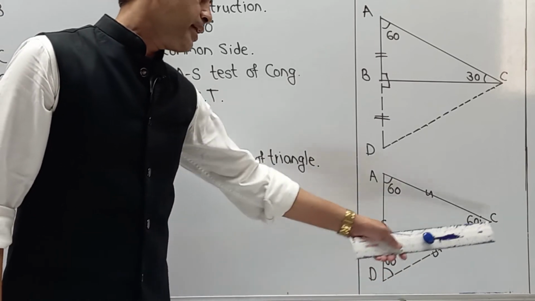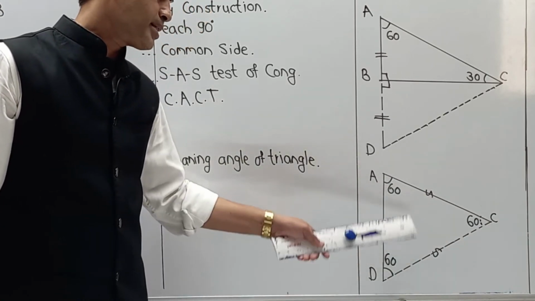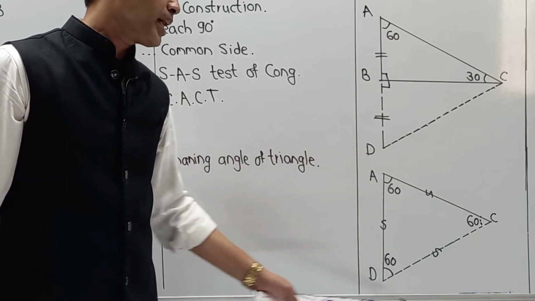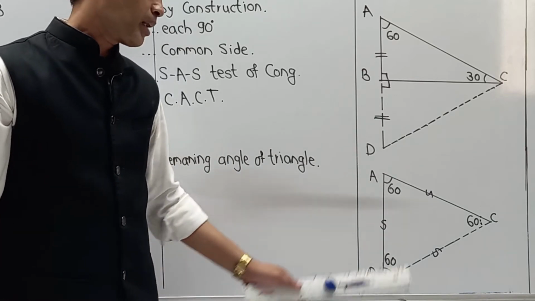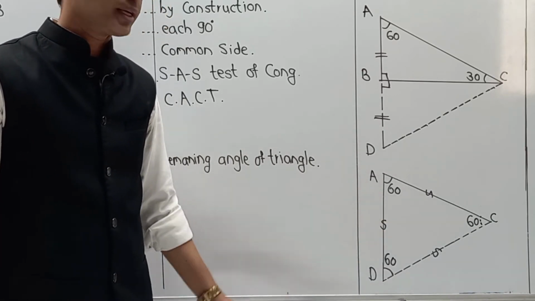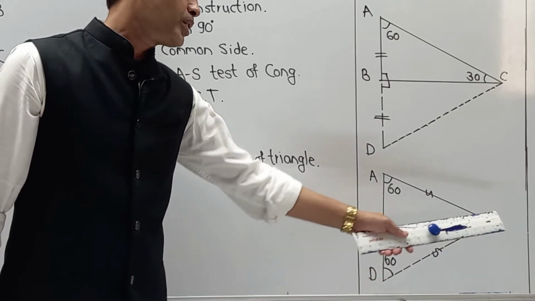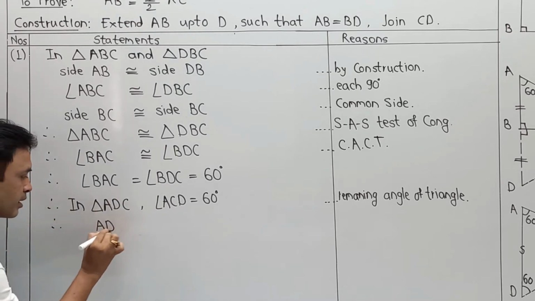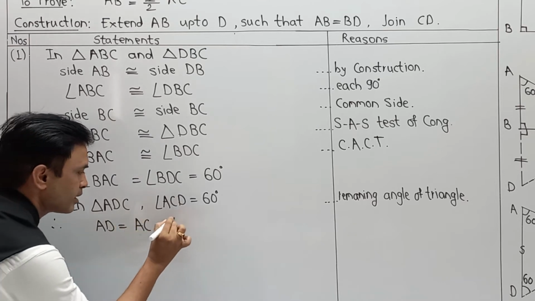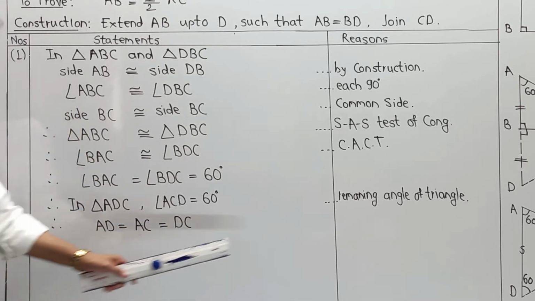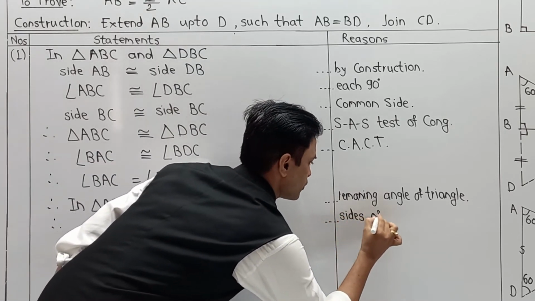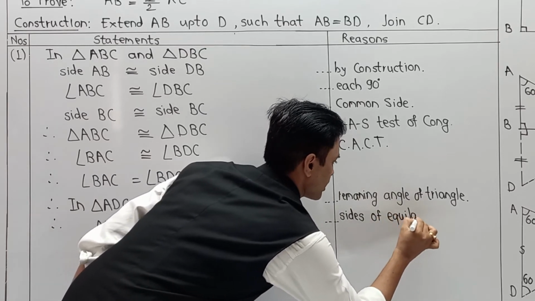Remember, in triangle ADC, if A is 60 and D is 60, naturally the remaining third angle is 60 degrees, and automatically triangle ADC becomes an equilateral triangle because all angles are 60 degrees. So I can write AD equal to DC equal to AC. Therefore, AD is equal to AC equal to DC, sides of an equilateral triangle.